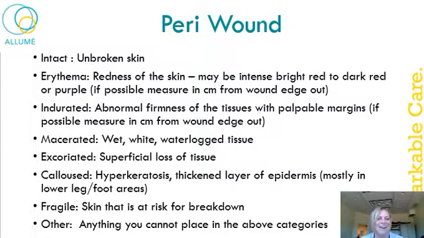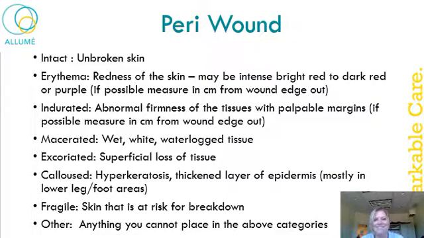Let's talk about peri-wound. Intact, unbroken skin. Peri-wound is the skin surrounding the wound. Erythema: redness of the skin, may be intense bright red to dark red or purple. If possible, measure in centimeters from the wound edge out.